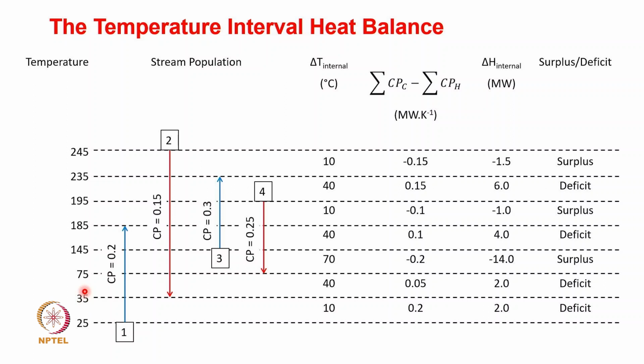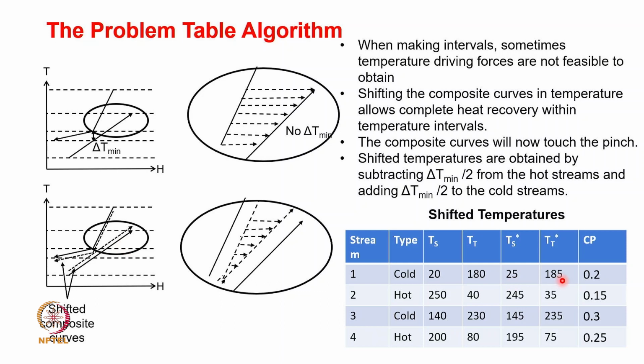And let's mark the streams. Now your cold stream is entering at 25 and exiting at 185, with a CP of 0.2, and one hot stream enters at 245 and exits at 35.